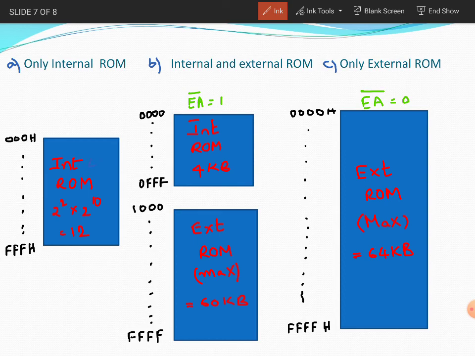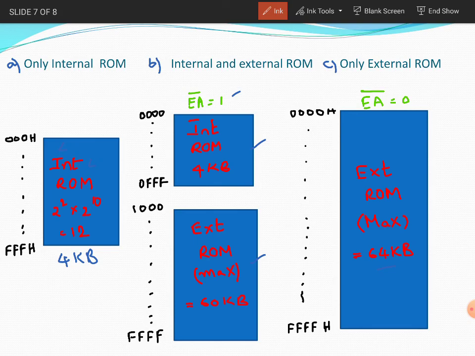The second case is internal and external ROM: internal ROM 4 kilobytes, external ROM 60 kilobytes, and EA bar equal to 1. The third case is only external ROM, where external ROM is 64 KB because we have 16 address lines, 2 power 16, and EA bar is equal to 0.